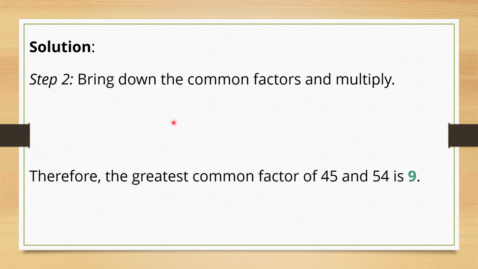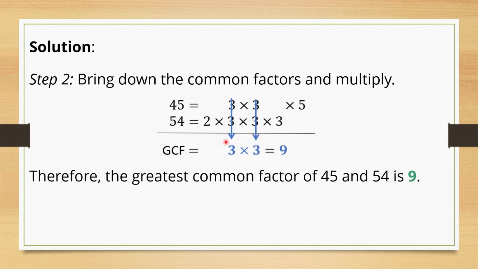Bring down the common factors, as shown right here, and multiply. GCF is 3 times 3. Where do you get this? Based on the listed common factors of both numbers. 3 times 3 equals 9. Therefore, the greatest common factor of 45 and 54 is 9.